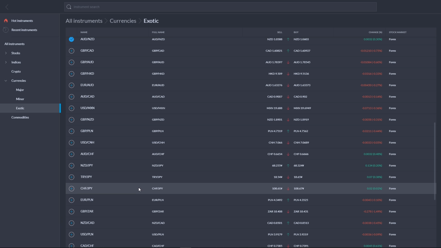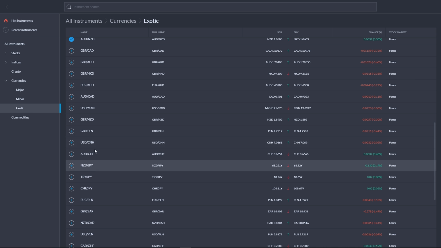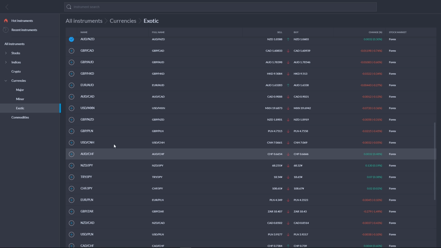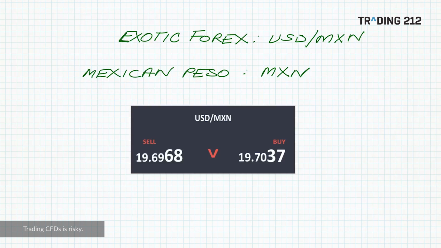Here we are back in Trading 212's web app in the instrument search, and this time I've selected exotic currencies here, and we can see there is a long list of currency pairs that are available to trade in here. One of the more important ones is the dollar against the Mexican peso, so let's just talk about that one quickly. So the exotic Forex pair we're going to focus on is the US dollar against the Mexican peso.